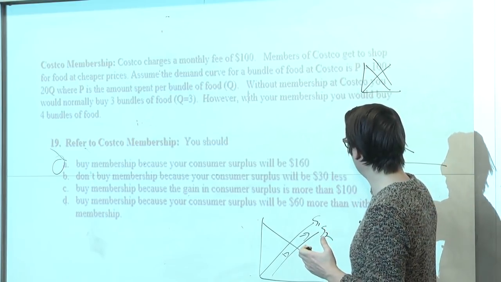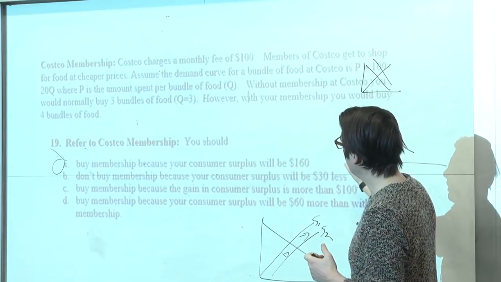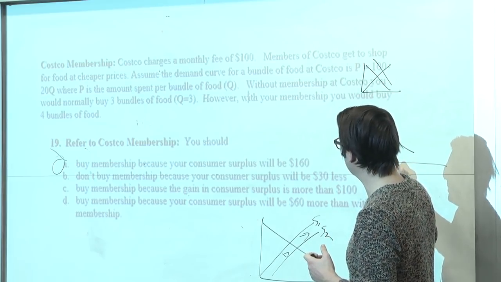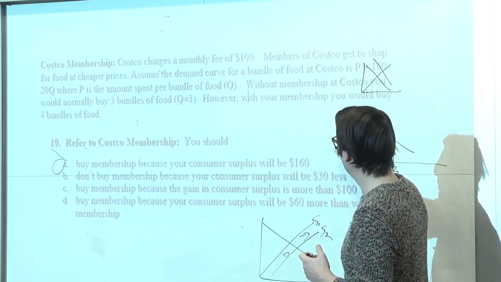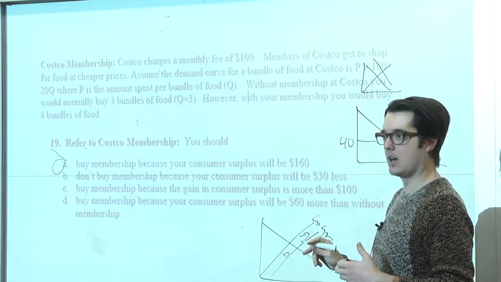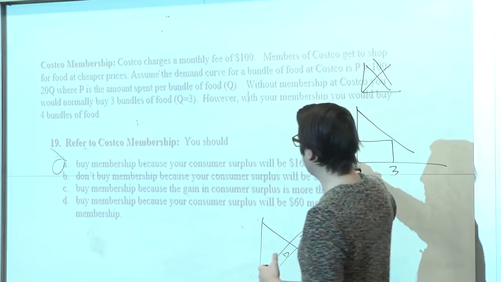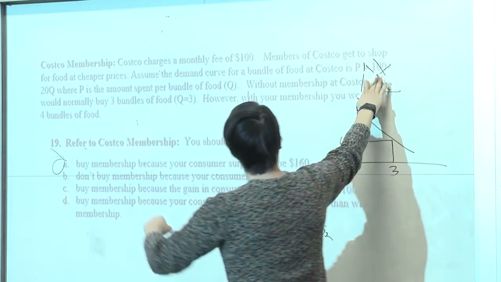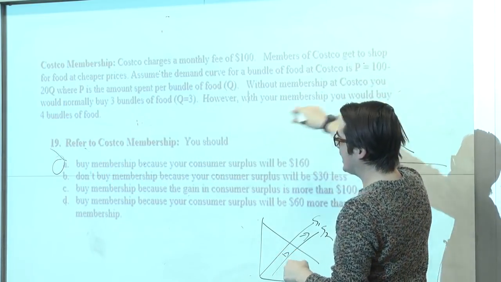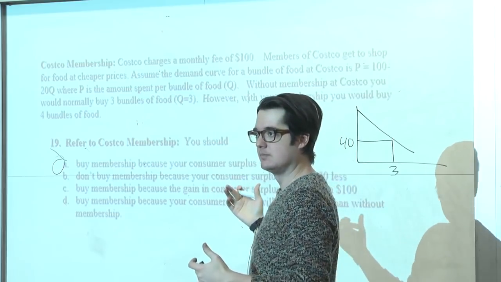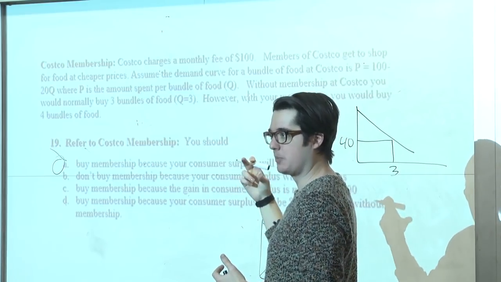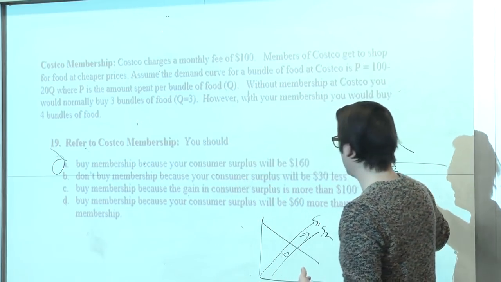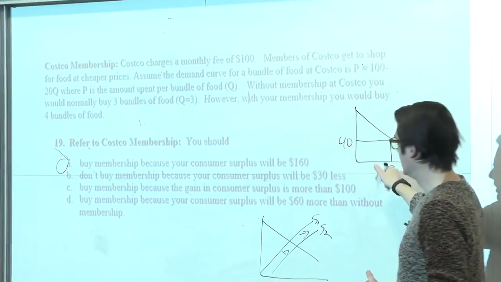So if the quantity is 3, the price is going to be $40, right? We got that because we plugged 3 into the demand equation, and we get 100 minus 20 times 3, which gives us 40, right? So that's the price that will induce a quantity of 3.